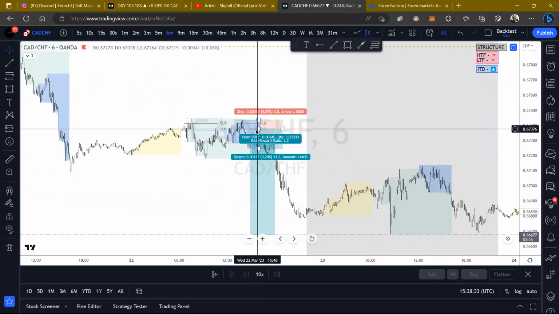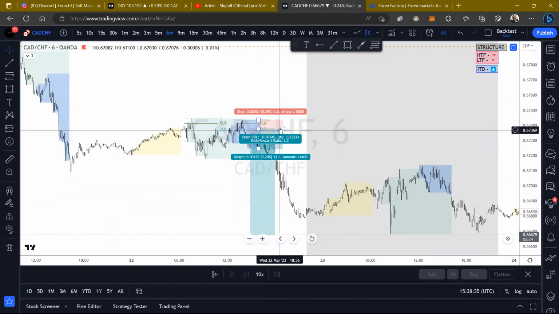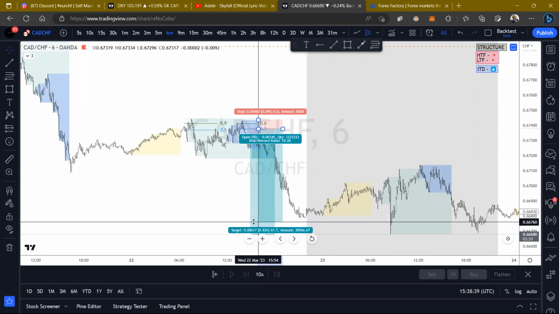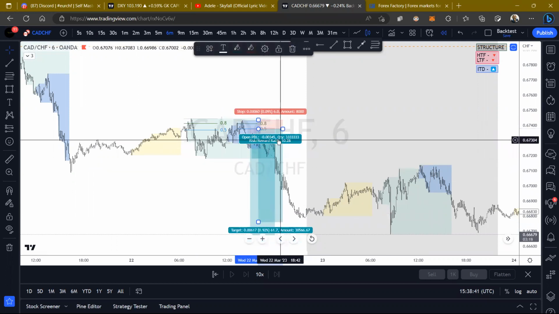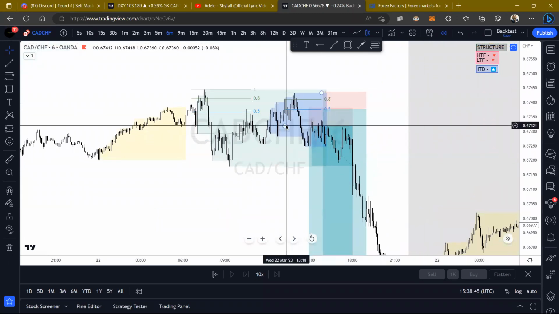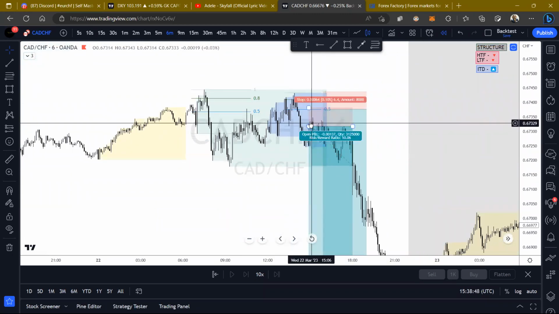You could have had a better RR, in terms of your 10 to 1 would be here if you waited for the retracement, but the retracement never came. You can see it just came into that open.